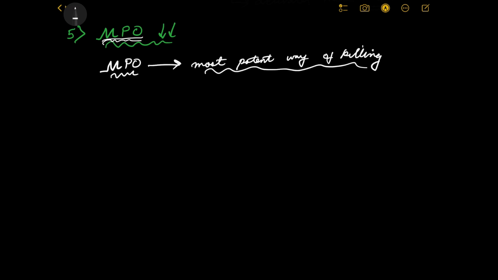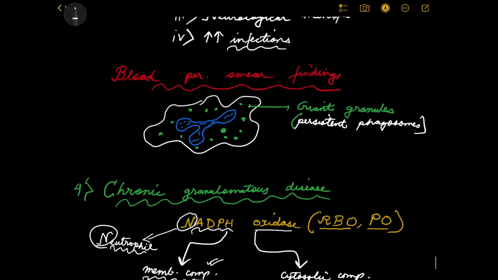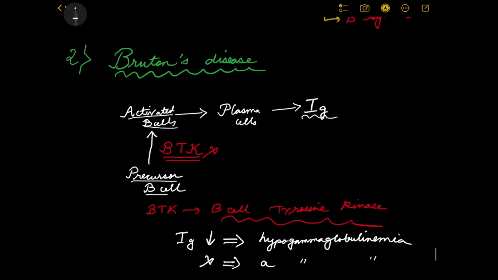Those are things we'll study in subsequent discussions when we talk about leukemia or other blood cancers. I think this more or less covers everything, at least the important things.